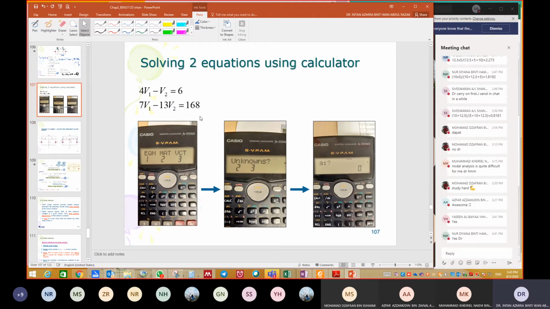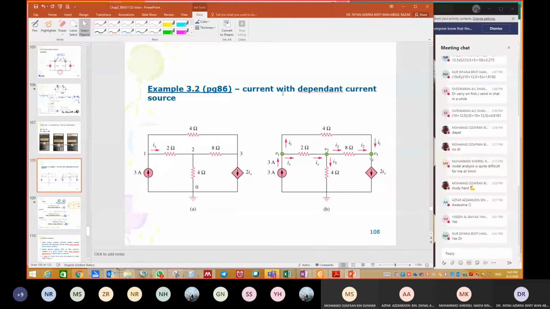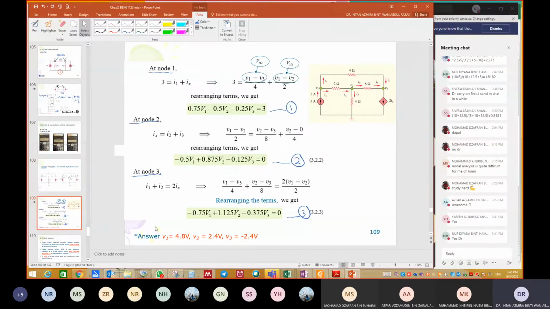The question asks you to find V1, V2, and V3. So in this question, V2 is equal to V of 4 ohm, the V drop across 4 ohm. How about the V drop across 2 ohm?